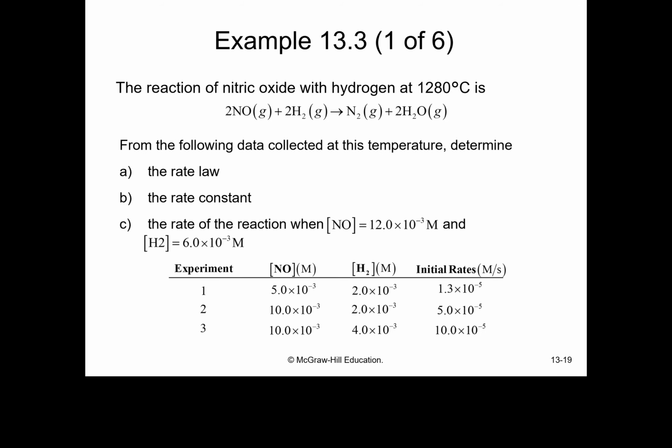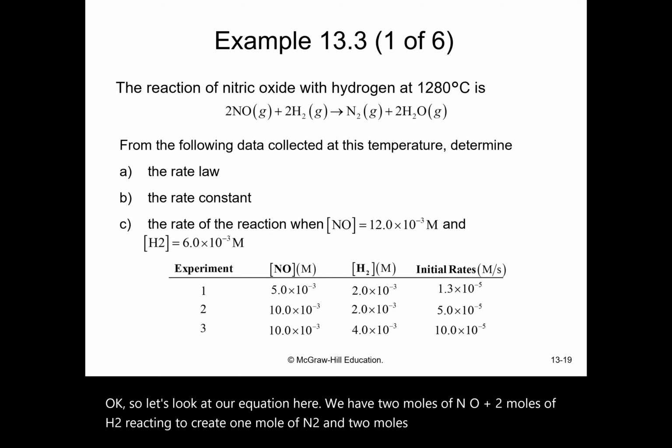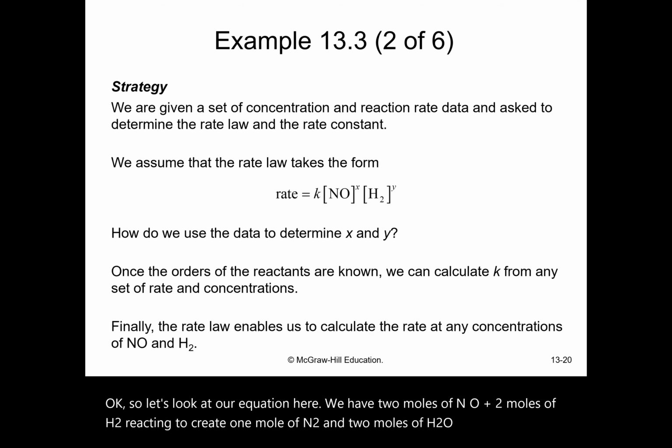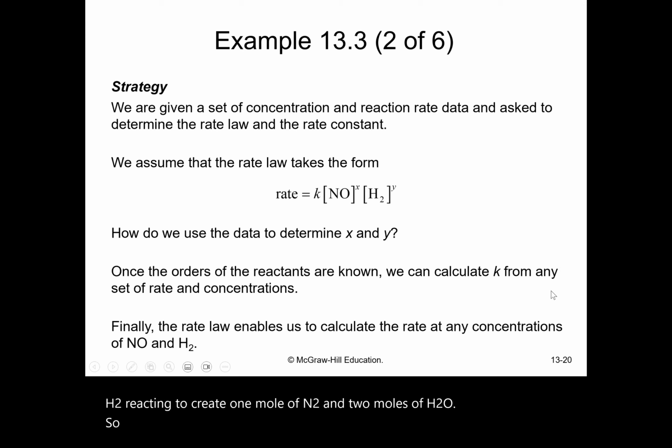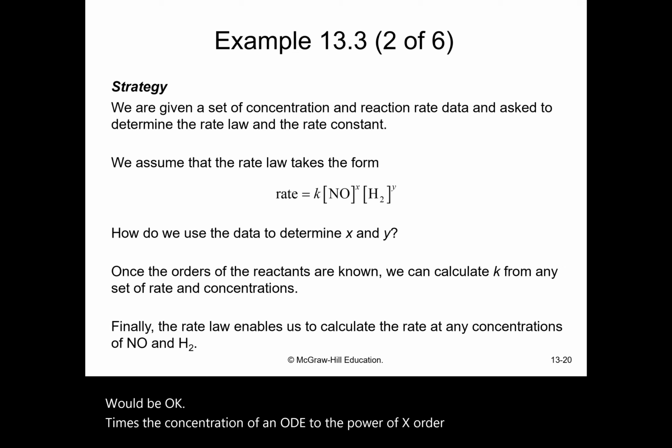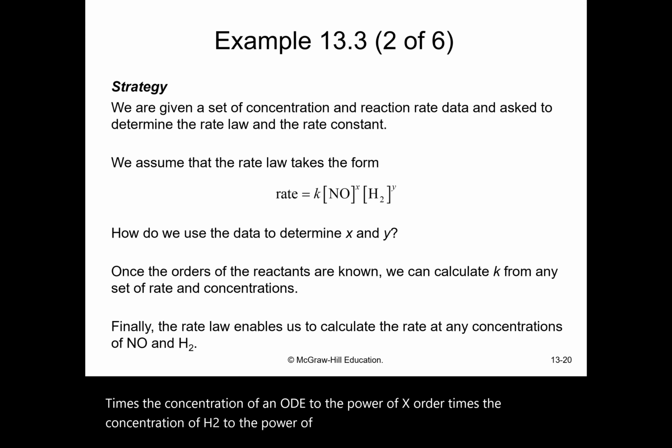Okay, so let's look at our equation here. We have 2 moles of NO plus 2 moles of H2 reacting to create 1 mole of N2 and 2 moles of H2O. So our rate would be K times the concentration of NO to the power of X order times the concentration of H2 to the power of the Y order.